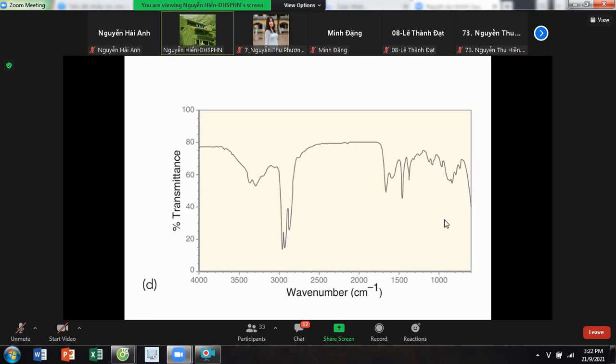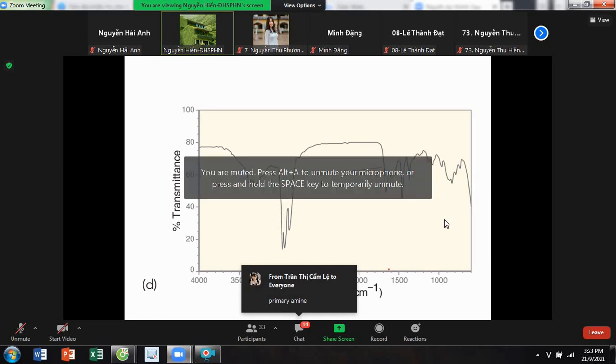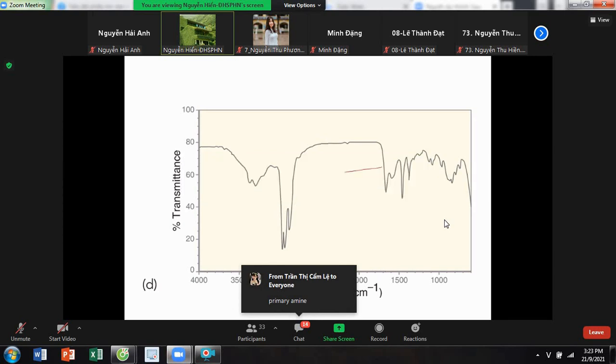What is this? So you see that I always pay my attention to the range of double bonds. Yep, primary amine, thank you. So I always pay my attention first to the range for double bond because it's maybe the most important range.